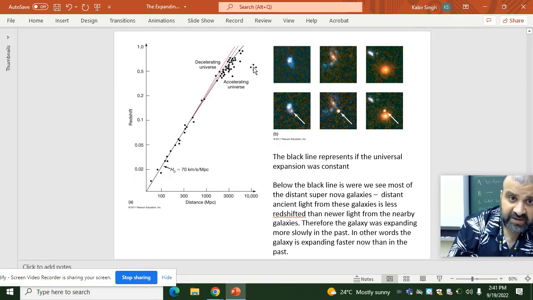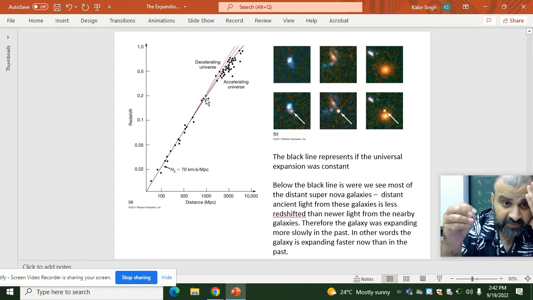Okay, so the data is showing that most of the old galaxies, their light, let me rephrase that. Most of the very far away galaxies, their light is not on the constant we observe. Right? We generally observe Hubble's constant. The amount of redshift in the distance was in a straight line, right? The line of best fit, it was all straight. But then we see that from that black line, a lot of these galaxies are below that line.